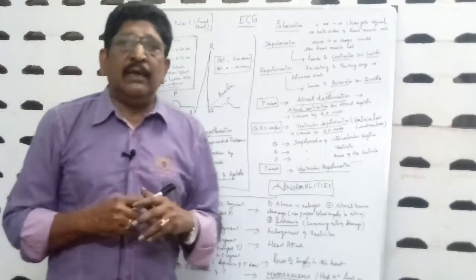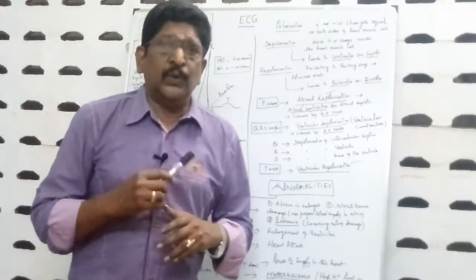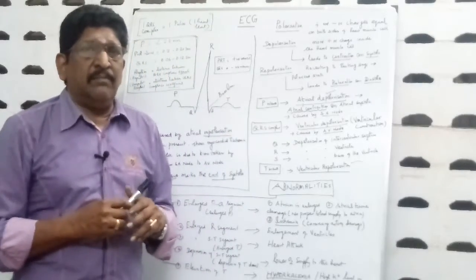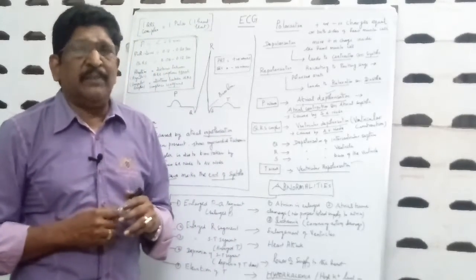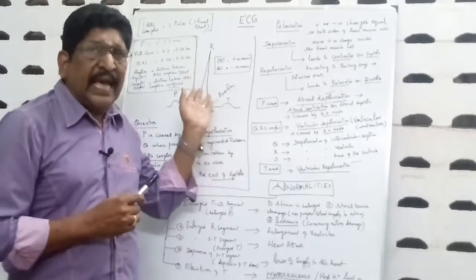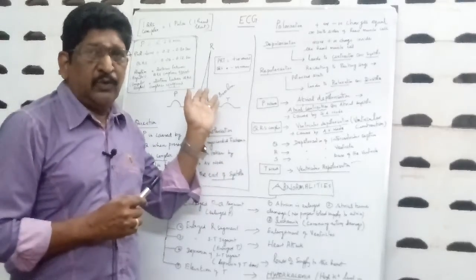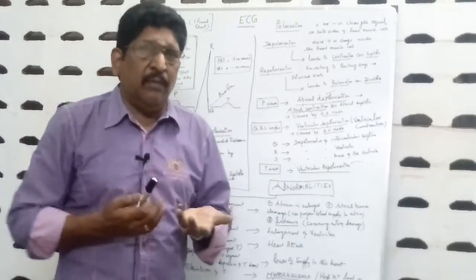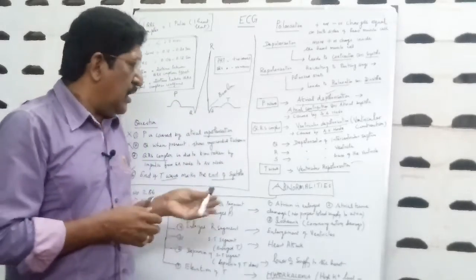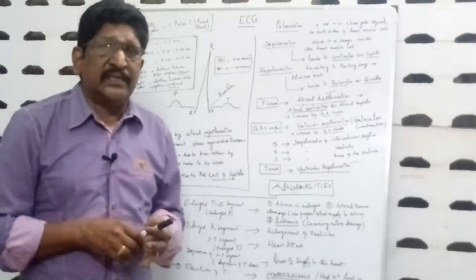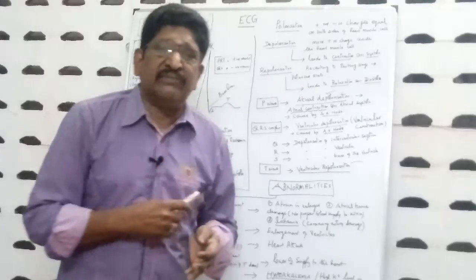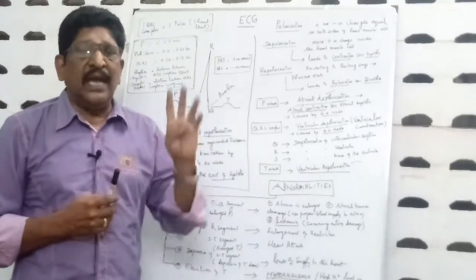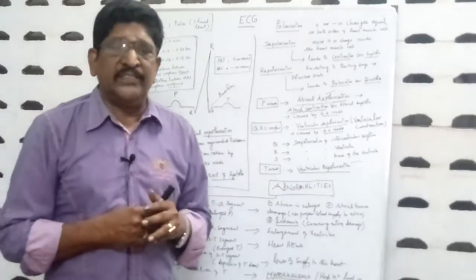So I once again tell you students, 10% of the questions will be based on the textbook diagram. Diagram based questions may be asked in any form, direct questions or indirect questions, etc. We have covered all these things from these 4 chapters, taking at least 2 examples from each chapter.